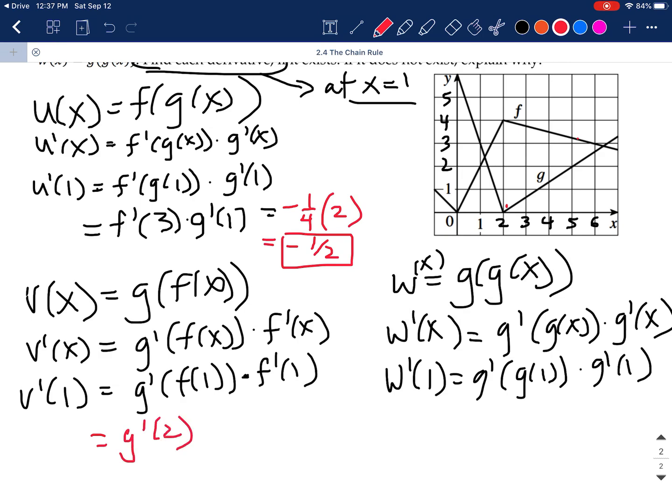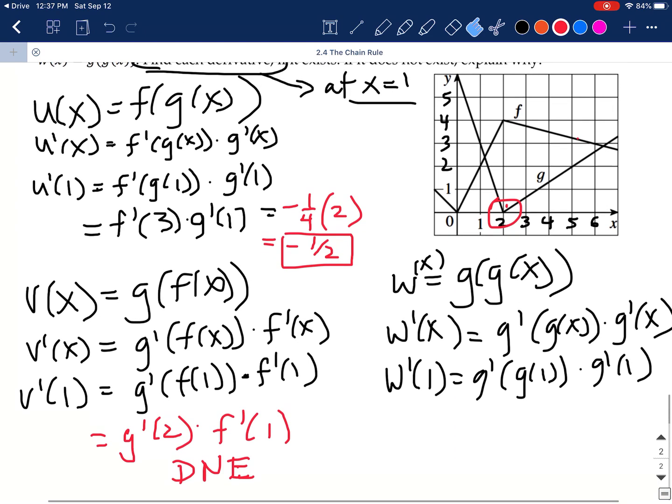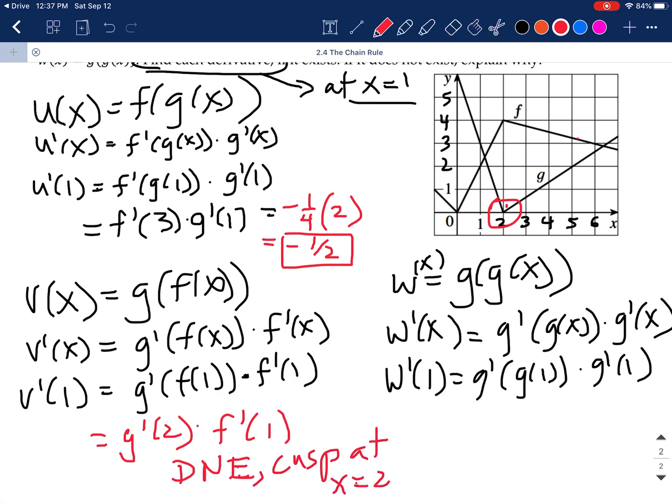It's going to be g prime of 2 times f prime of 1. So if I look at g prime of 2, that is a cusp. So that does not exist. Yeah, so we get an interesting result there. We've got a cusp at x equals 2.